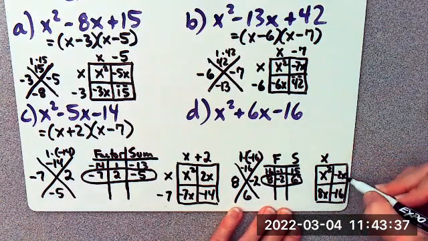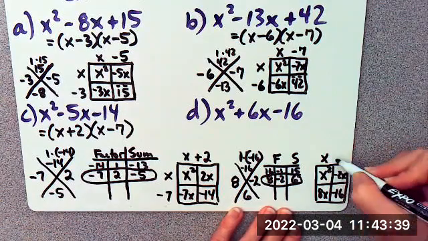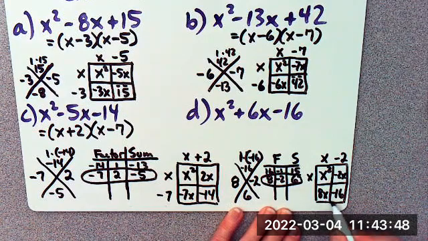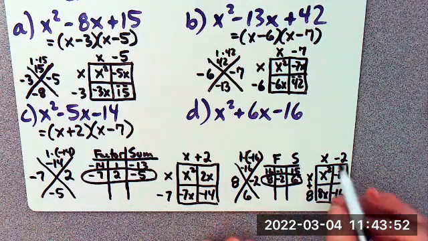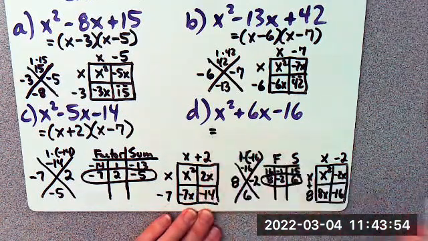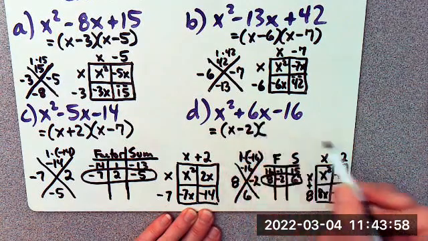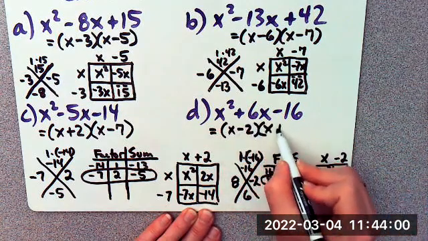Greatest common factor between negative 2x and negative 16 is negative 2. And greatest common factor for this row is x. And greatest common factor for this row, 8x and negative 16, is positive 8. So then we find that this factors as x minus 2 times x plus 8.